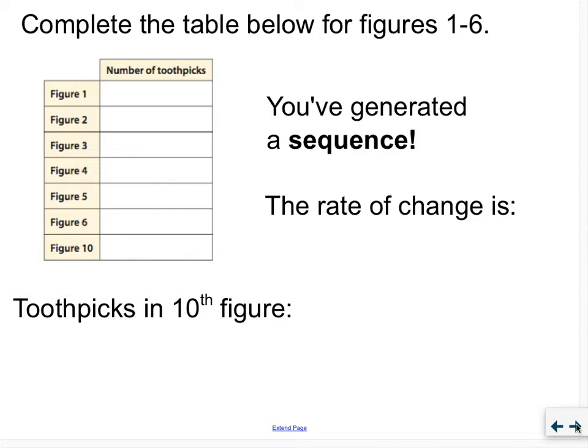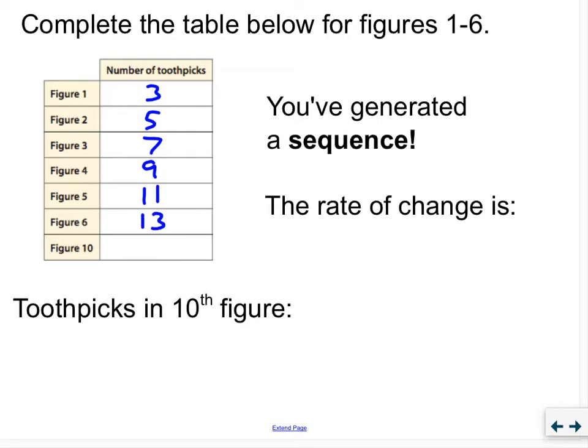So if you look back at figure 1, it was made of 3 toothpicks. Figure 2 had 1, 2, 3, 4, 5 toothpicks. Figure 3 had 7. And then when you made figure 4, it would have a total of 9 toothpicks. And then figure 5 would have 11, and figure 6 would have 13.